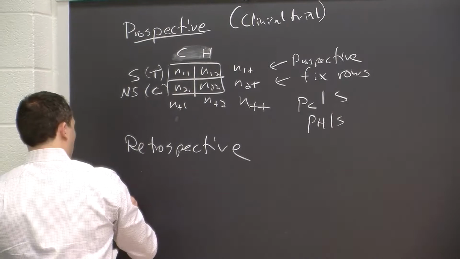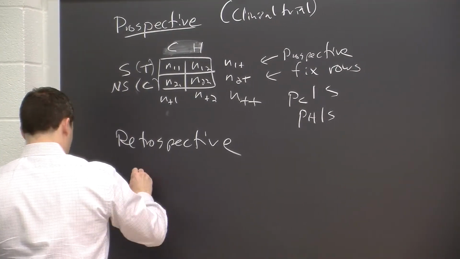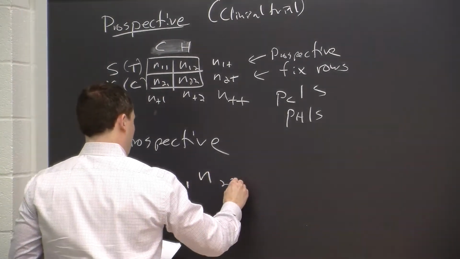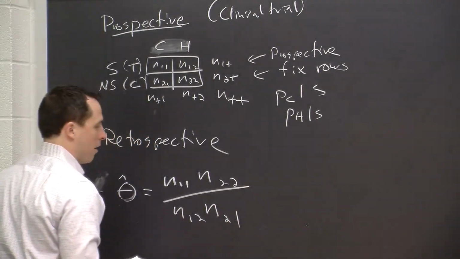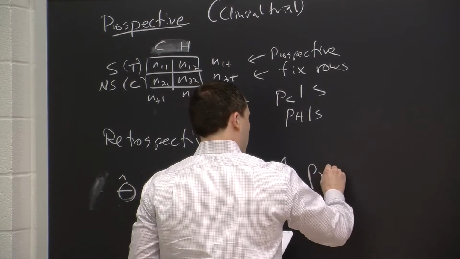So our observation last time was that the odds ratio, theta hat, n11, n22, over n12, n21. So that's the sort of cross ratio of probabilities.